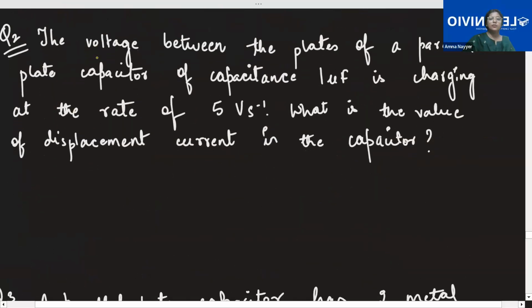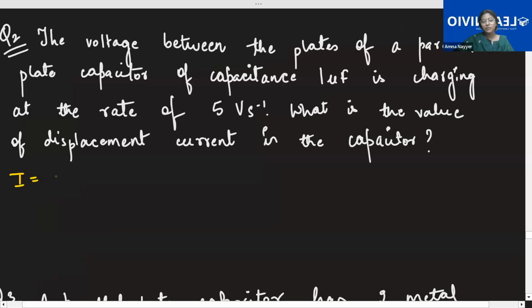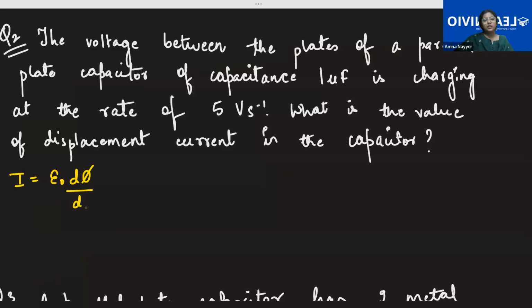The voltage between the plates of a parallel plate capacitor of capacitance 1 microfarad is charging at the rate of 5 volt per second. Rate of voltage is given and capacitance is given. Class, when we have the current as epsilon naught d phi over dt, this is the displacement current.